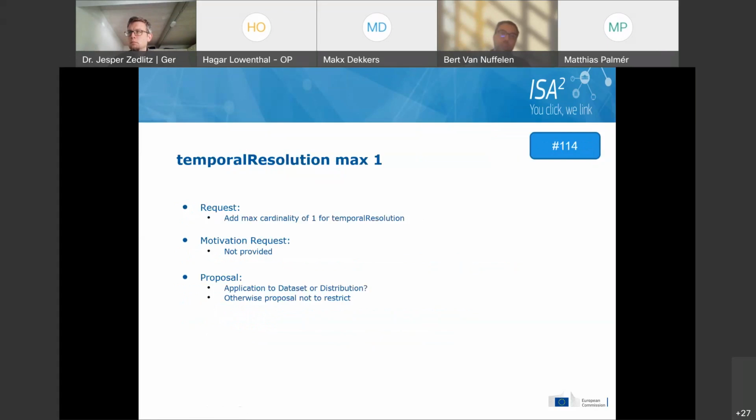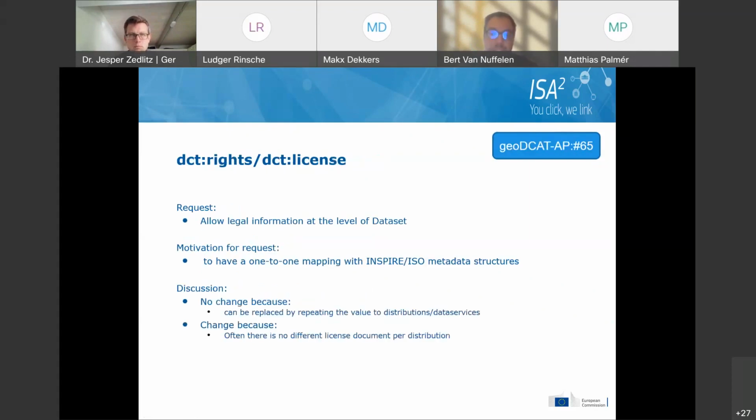Okay, now we go to a number of... Excuse me, can you say again what we decided now? Because I got confused. Okay, so the proposal is not to change anything, except that, following the line of W3C, if you would have it at the dataset level and we would like to use it there, you cannot have it only at the dataset level.